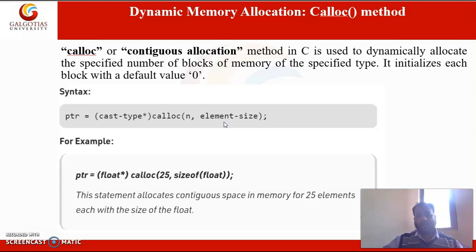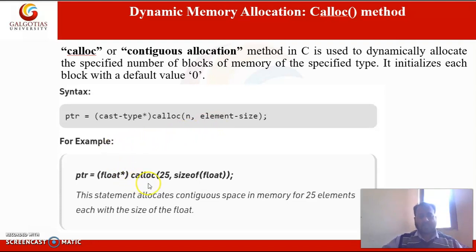Both are used for allocating memory space dynamically, but in the malloc method we are passing only 1 parameter and it does not initialize any values to the allocated block, while in the calloc method we are passing 2 parameters and it also assigns or initializes the allocated block with 0 values.